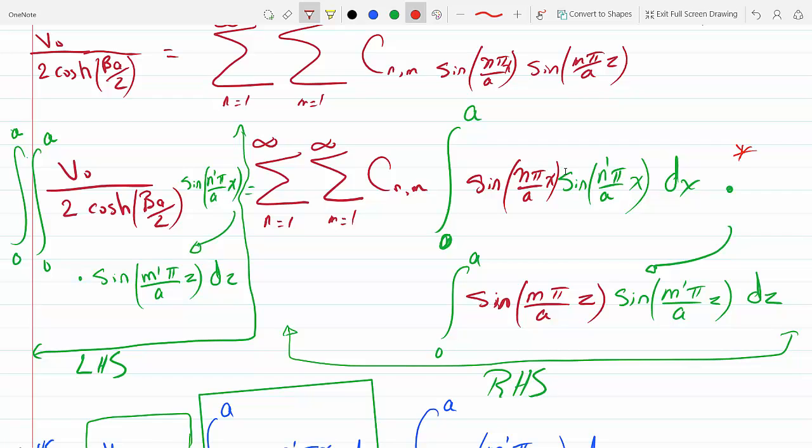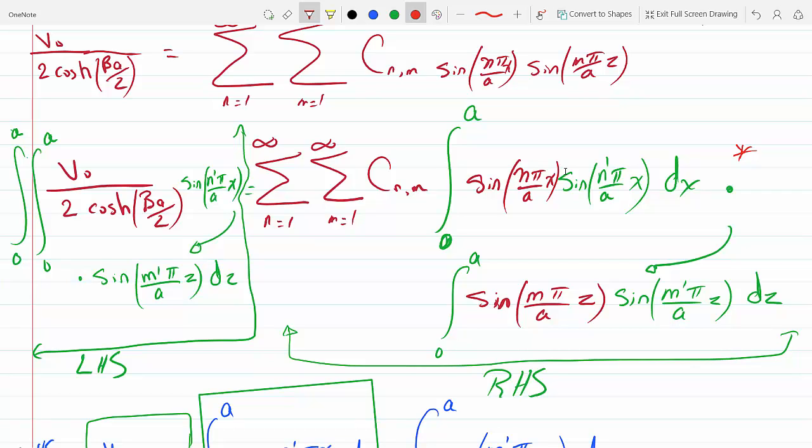prime, then this whole thing will be what, 2 over a, right? You could integrate and find out it's sine squared integrated from 0 to a.